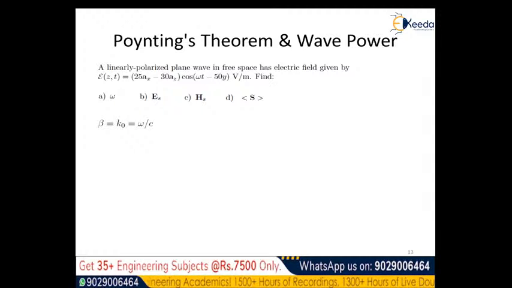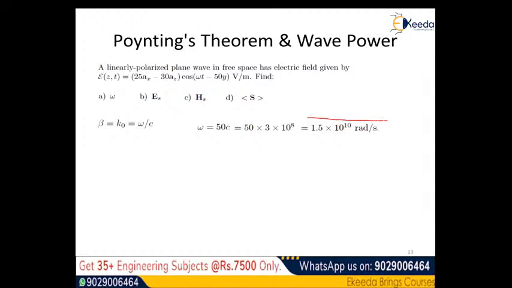Substituting the value of c, 3 into 10 raised to the power 8 meters per second, omega is equal to 50 into 3 into 10 raised to the power 8, which is 1.5 into 10 raised to the power 10 radians per second. So here is the answer for part A of this problem statement.